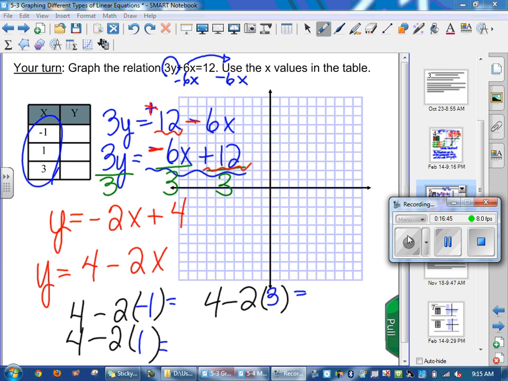We should have got 6 for that one. Over here, I've got 4, negative 2 times 1 is negative 2, so we get 2. 4 subtract 2 times 3 is 6. So we get 4 subtract 6 is negative 2. So you should get 6, 2, negative 2.